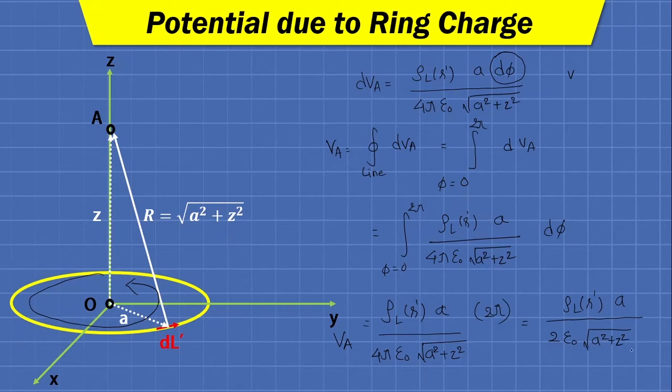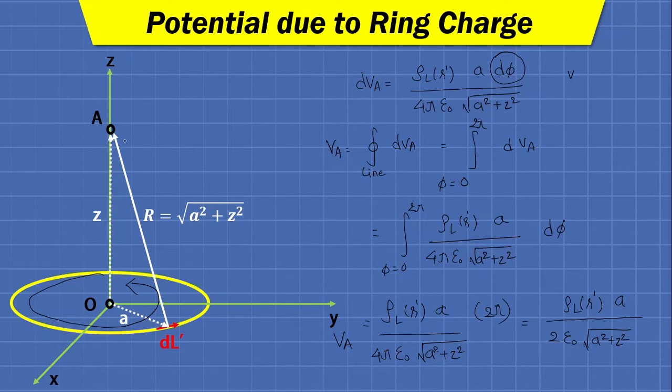plus z squared. So as you can see, the potential at any point due to a ring charge depends on the perpendicular distance of that point from the ring charge. As you can see, z is the perpendicular distance.